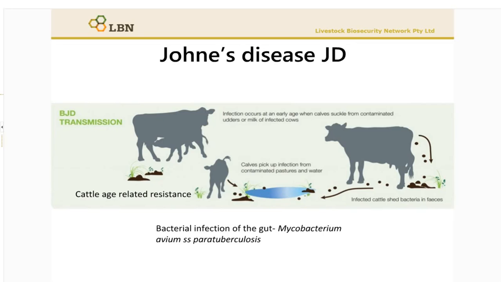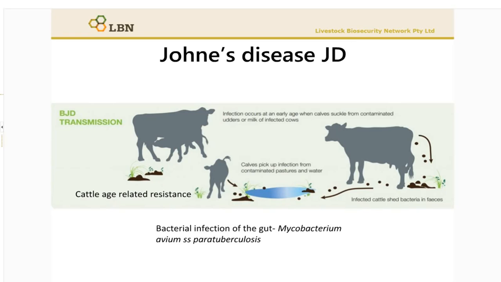Usually infected cattle, usually of an older age, shed the bacteria from their gut in the feces, contaminating pasture or water. Calves pick this up through feeding or grazing, but calves can also be infected in utero, more rarely, or through the milk. Most commonly, it is probably fecal contamination of the udder itself. But in general, animals become infected by the fecal oral route.